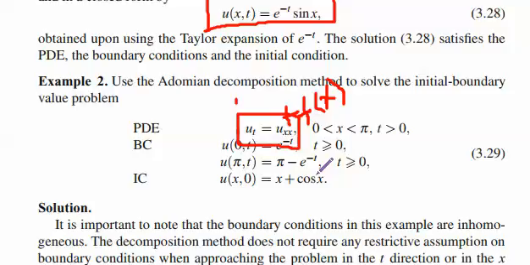The treatment is, first you need to identify the linear operator, and then for that linear operator you need to assume the invertible operator. Once you choose the invertible operator, apply it on the whole equation, then you will have an equation that can be transformed to a series form.